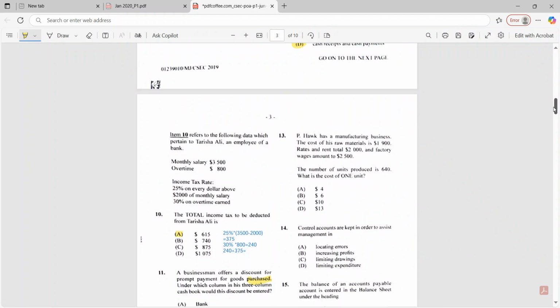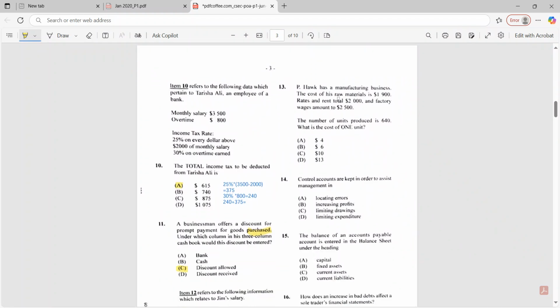Number 13. P. Hawk has a manufacturing business. The cost of his raw materials is $1,900. Rates and rent total $2,000, and factory wages amount to $2,500. The number of units produced is 640. What is the cost of one unit? All right, so we're going to add up our expenses and then divide it by our total. So we're going to get 1900 plus 2000 plus 2500, and we're going to divide that by the 640 units.